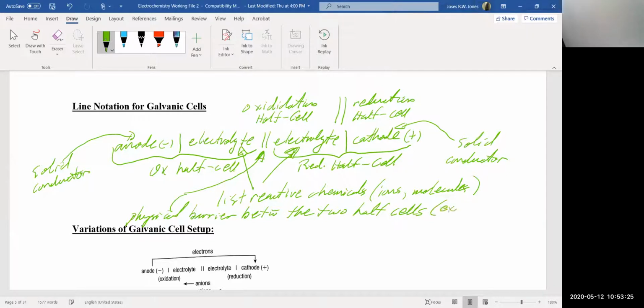For example, it could be the salt bridge, or it could be the porous cup.